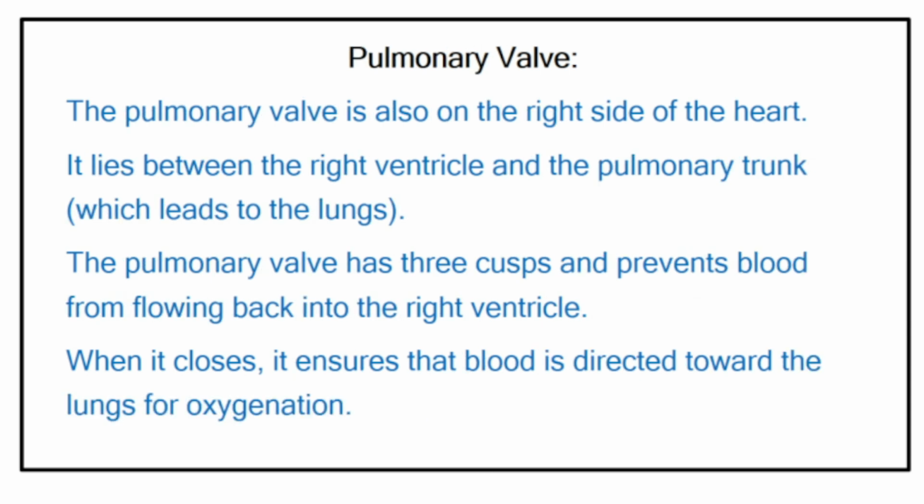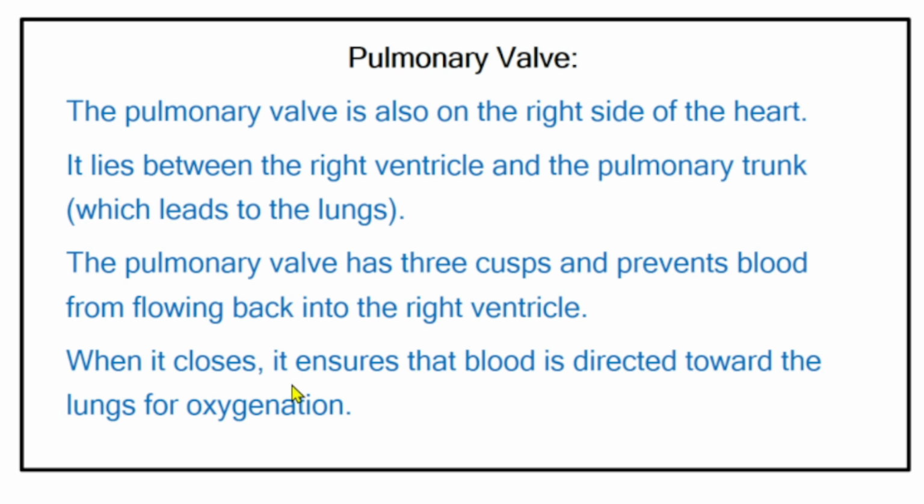Then the other valve I told you about is the pulmonary valve, located at the start of the pulmonary artery. The pulmonary valve is also on the right side of the heart. It lies between the right ventricle and the pulmonary trunk, which leads to the lungs. The pulmonary valve has three cusps and prevents blood from flowing back into the right ventricle.